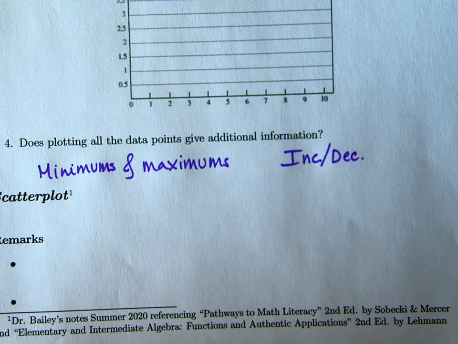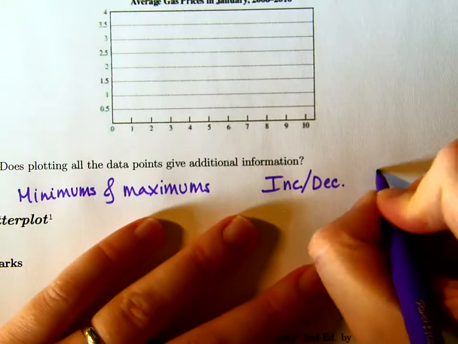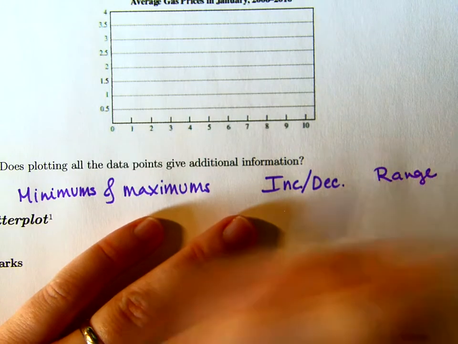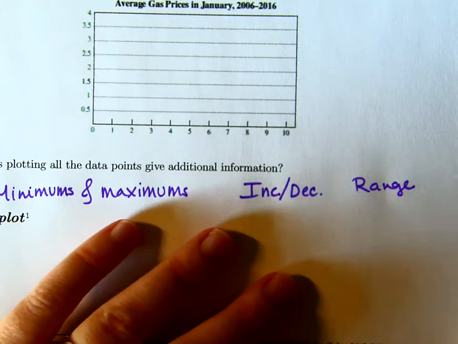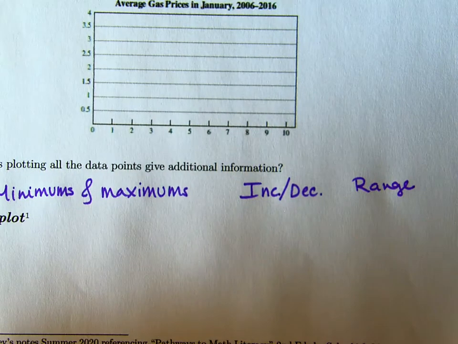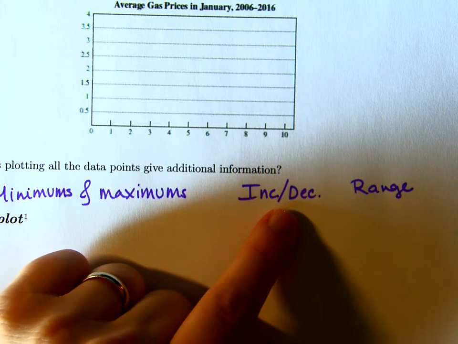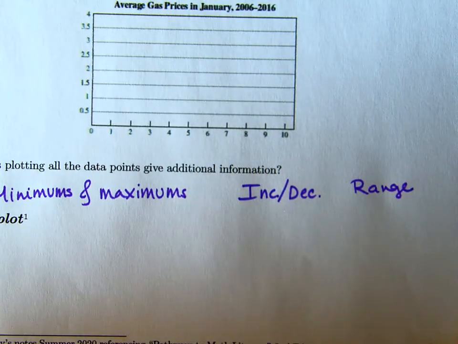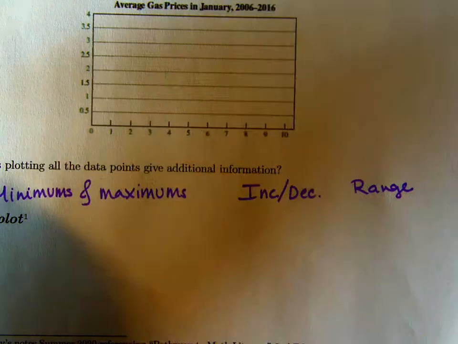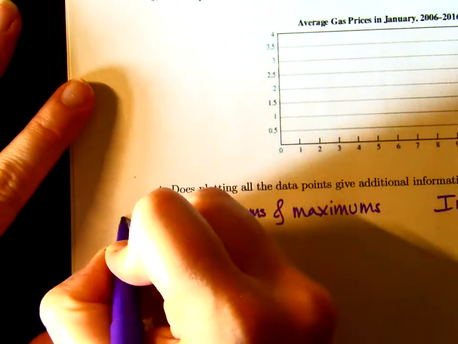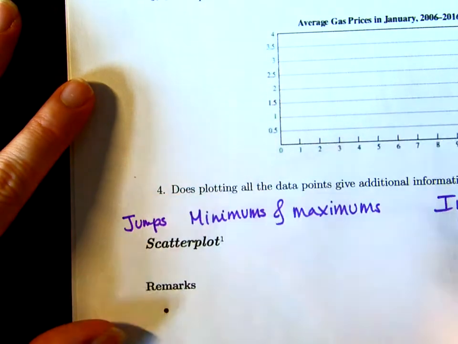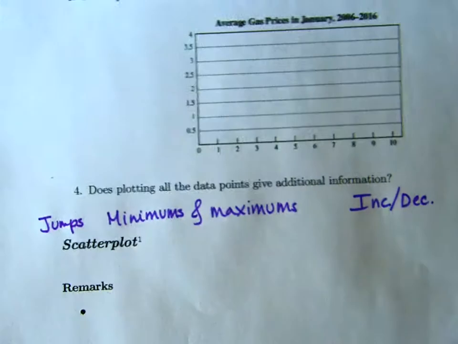What else? Oh, it gave me a range. It told me they're always about right around here. I didn't see any other trends like it's always going up or always going down, like this increasing, decreasing business, but I did notice the jumps. So sometimes I saw that. How about this? Jumps. Yeah, those kind of stood out to me.